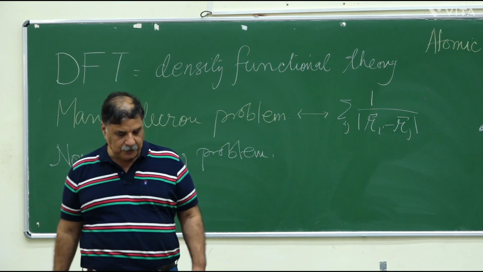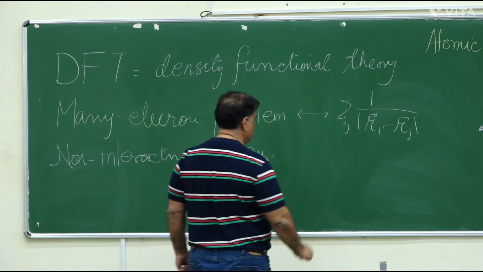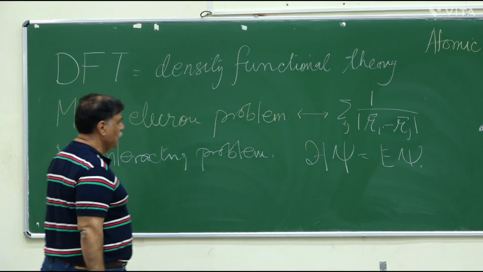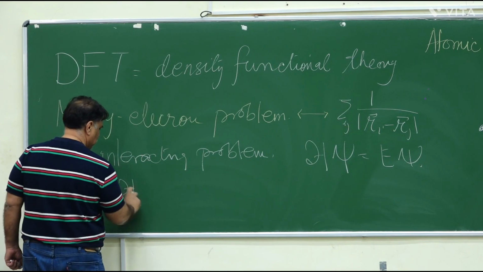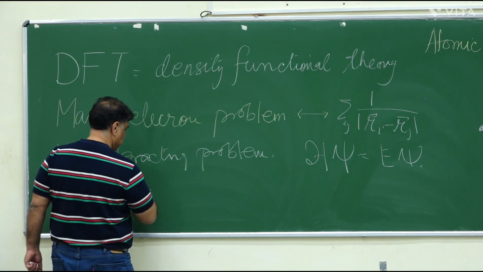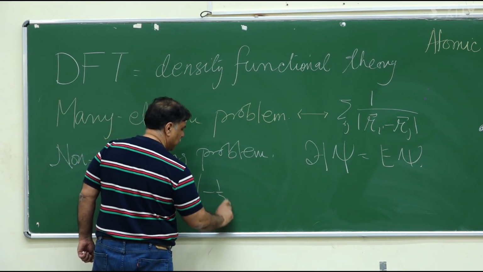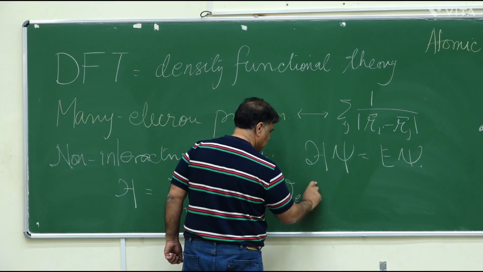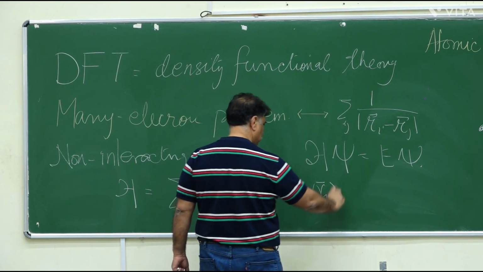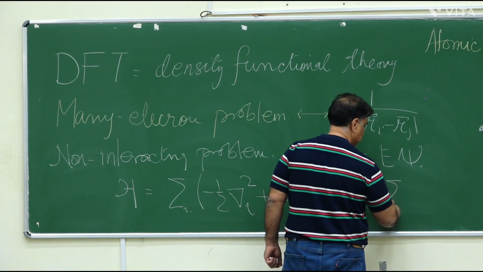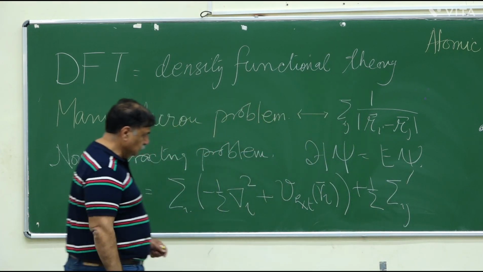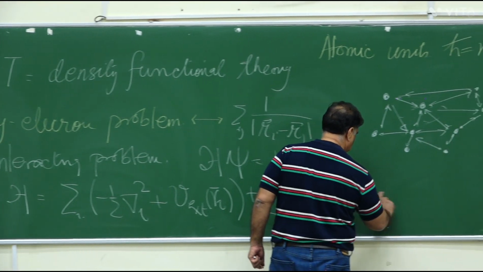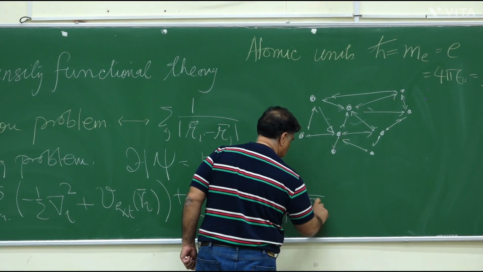And the solution that we're looking for in both these problems is the solution of the Schrodinger equation, H psi equals E psi, where the Hamiltonian is going to be the summation over i of minus 1/2 nabla i squared plus the external potential at Ri, plus 1/2 sum over i, j with a prime, of 1 over Ri minus Rj.